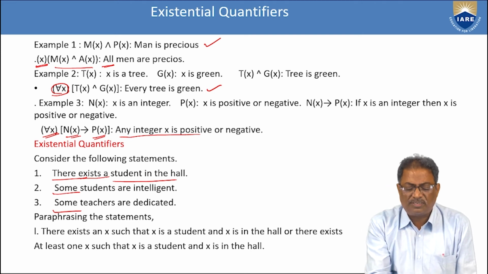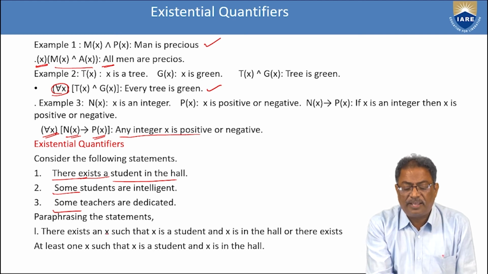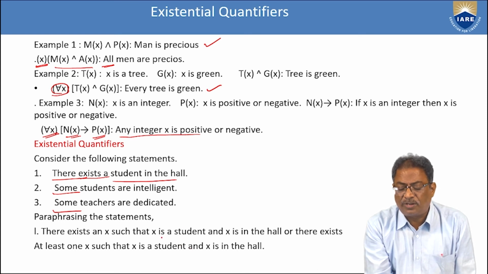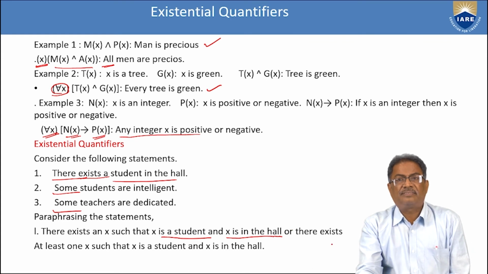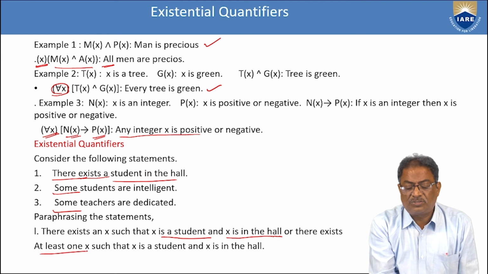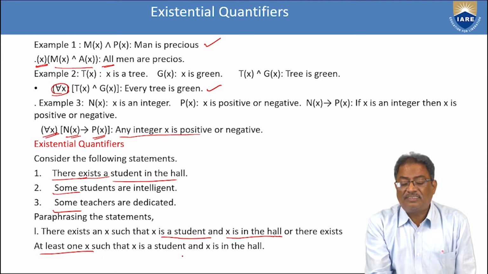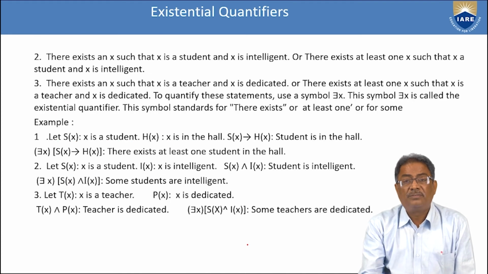In the same way, we say there exists x such that x is a student and x is in the hall. Or there exists at least one student x such that x is a student and x is in the hall.